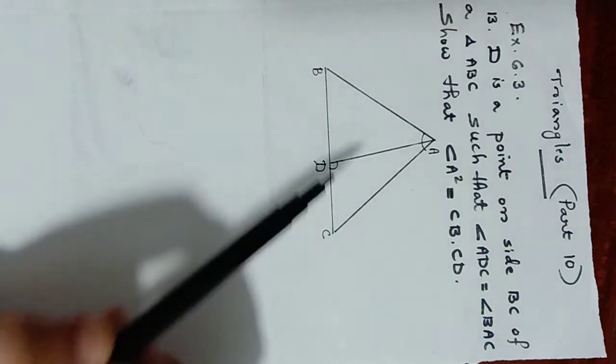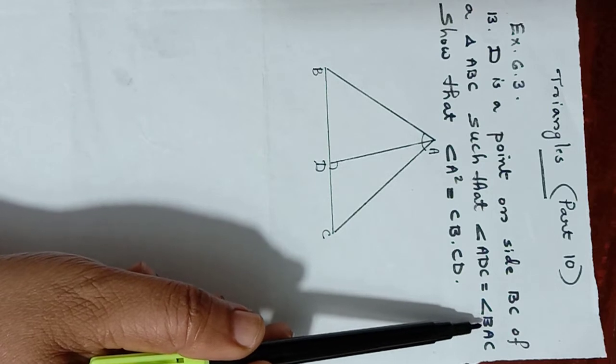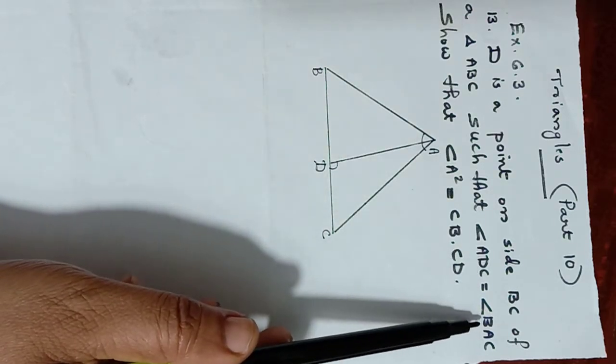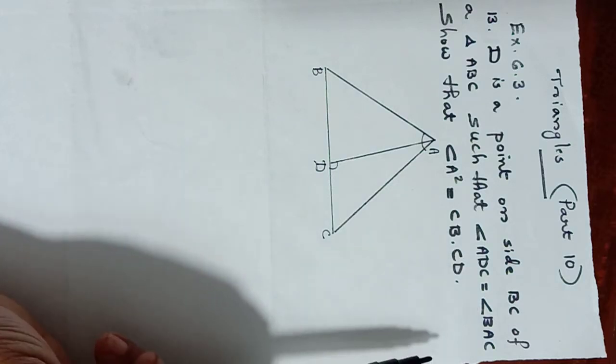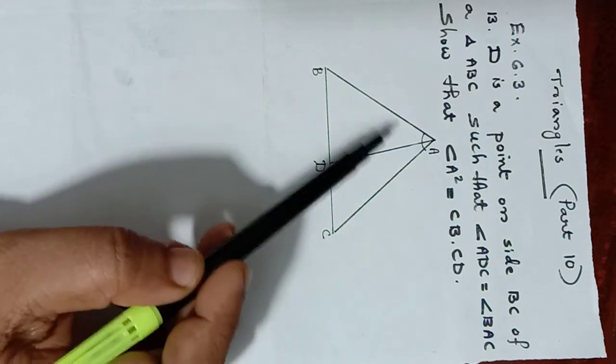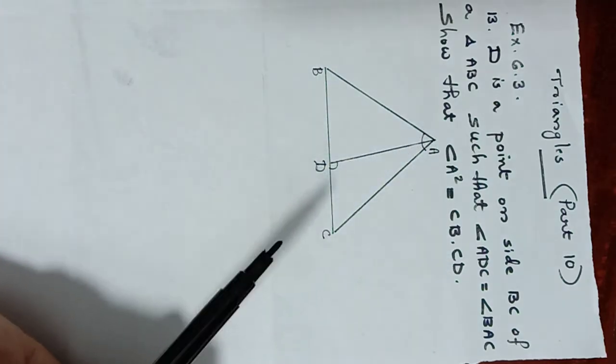So for proving the similarity, we are given two angles equal, and we have to find one more pair of angles equal so that we can easily prove triangle ADC similar to triangle BAC.